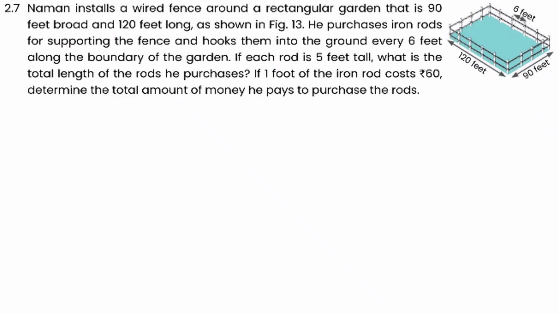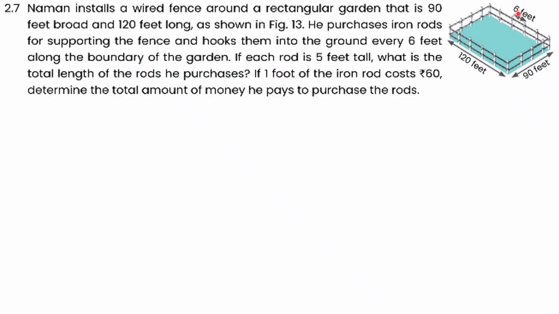2.7. Naman installs a wire fence around a rectangular garden. You can see here is a rectangular garden whose length is 120 feet and breadth is 90 feet, and Naman wants to install a wire fence around it.